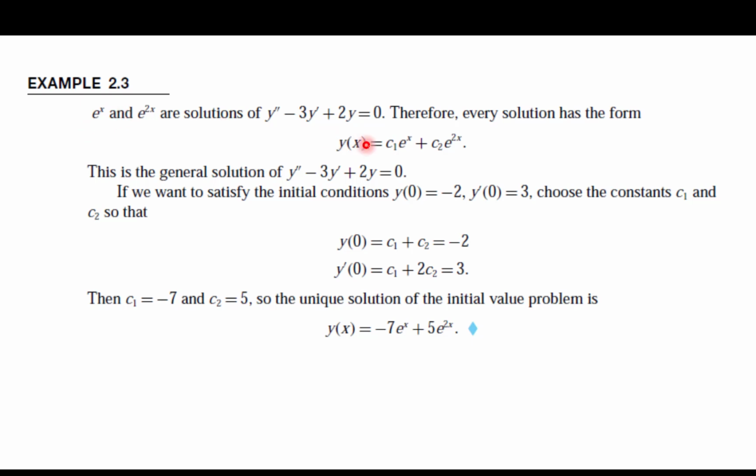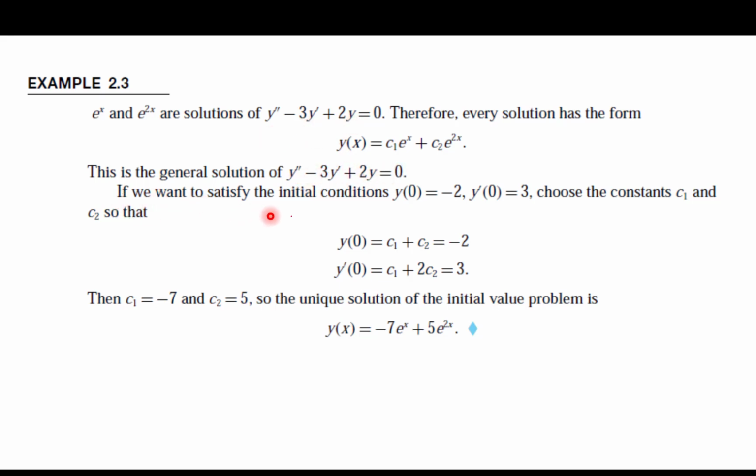Then the general solution is C1 e to x plus C2 e to 2x. And this is the general solution of our main equation.